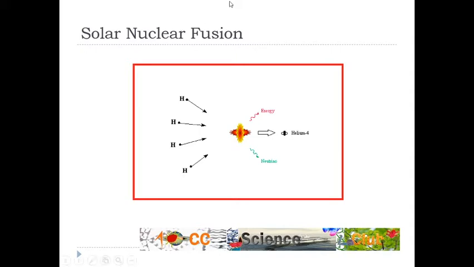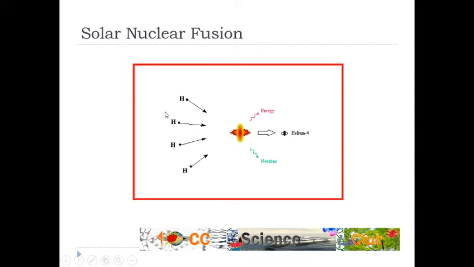The reaction we know is that four atoms of hydrogen combine together in the sun to form an atom of helium. Hydrogen is just a proton, and helium 4 with an atomic number of 2 is 2 protons and 2 neutrons.